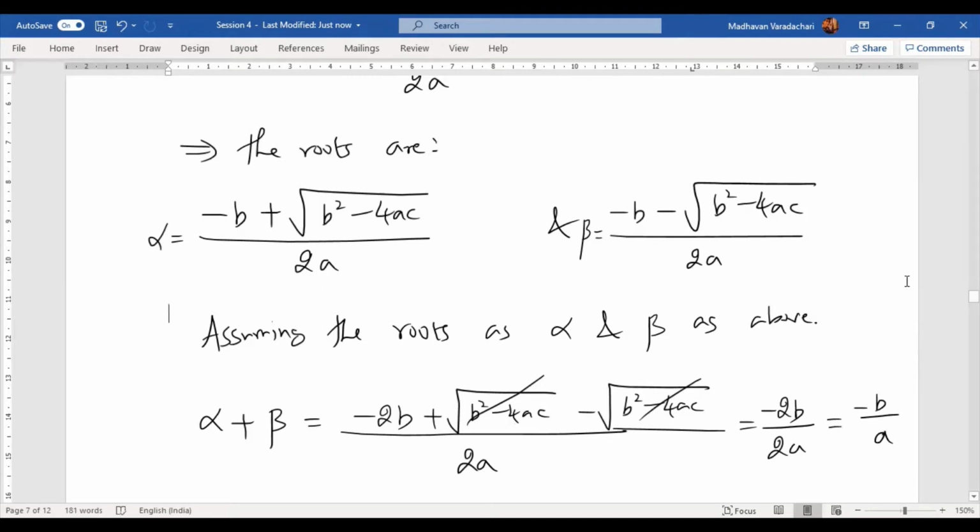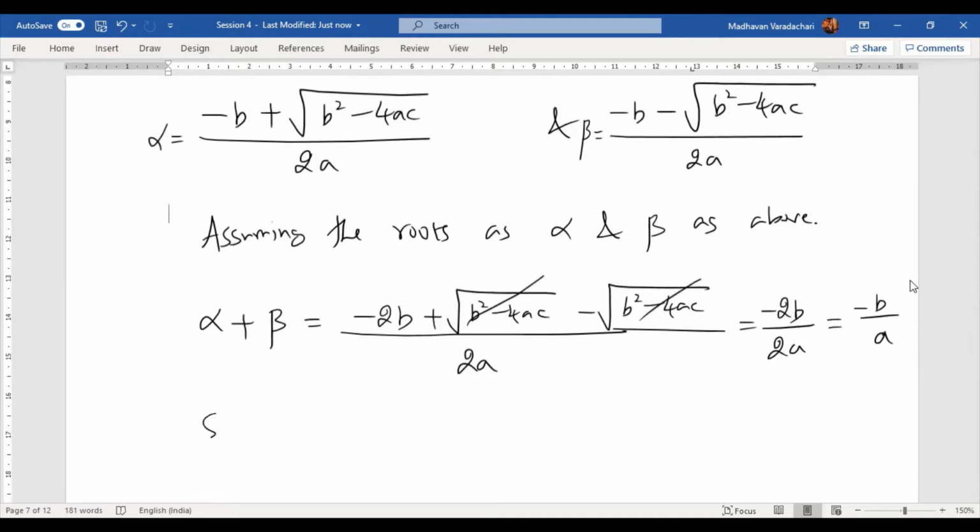That means I can say the sum of the roots of a quadratic equation is nothing but minus b by a, because alpha plus beta is nothing but the sum of the roots. The sum of the roots of a quadratic equation can be written as minus b by a.